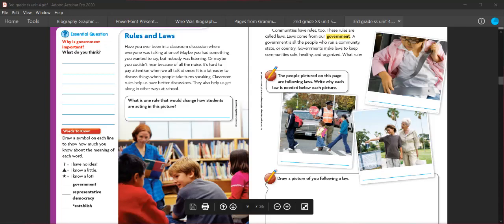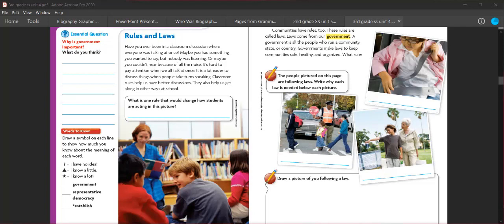The first section is titled Rules and Laws. Lesson 1. Government. Essential question. Why is government important? What do you think? Rules and laws. Have you ever been in a classroom discussion where everyone was talking at once? Maybe you had something you wanted to say, but nobody was listening.